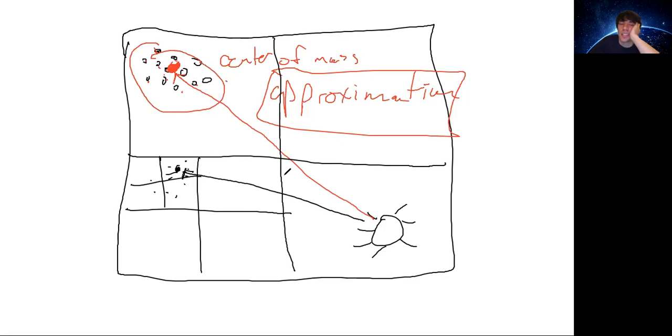And then once things get too far away for some threshold parameter that determines when things are too far, we'll compute the acceleration not based on everybody in the quadrant, but just based on the center of mass there.